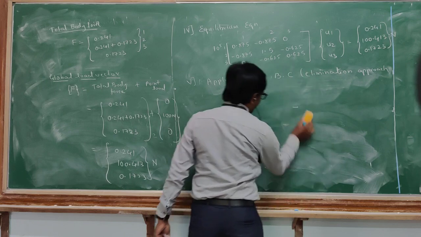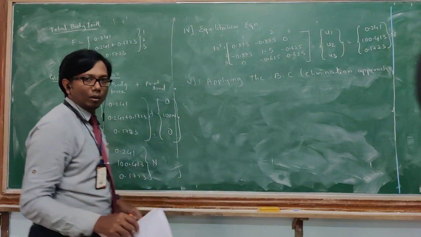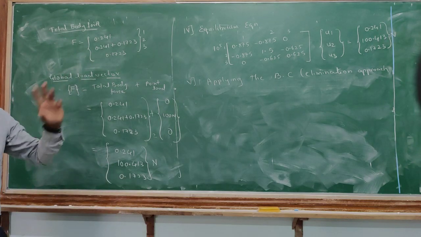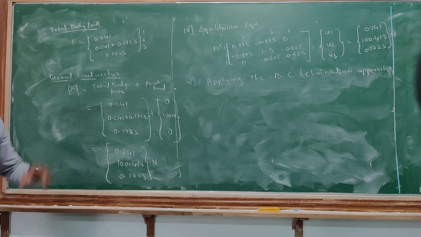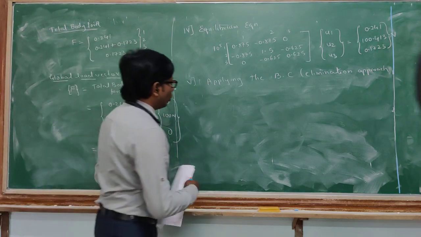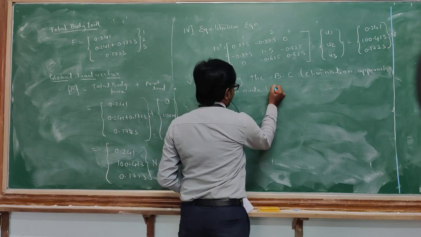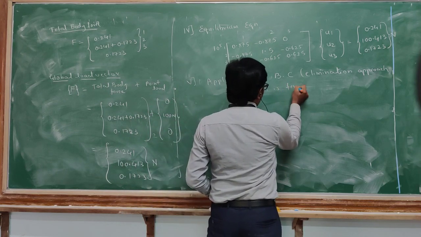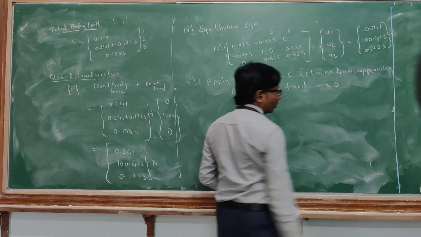I have told you how to do it. When you see the tapered bar problem, node 1 is fixed, which means it has been fixed at one end. So as node 1 is fixed, u1 will be equal to 0.